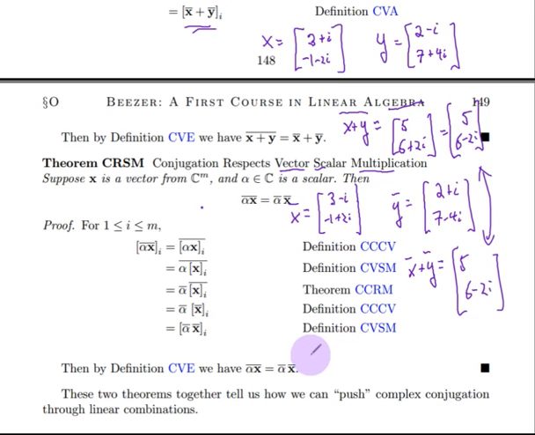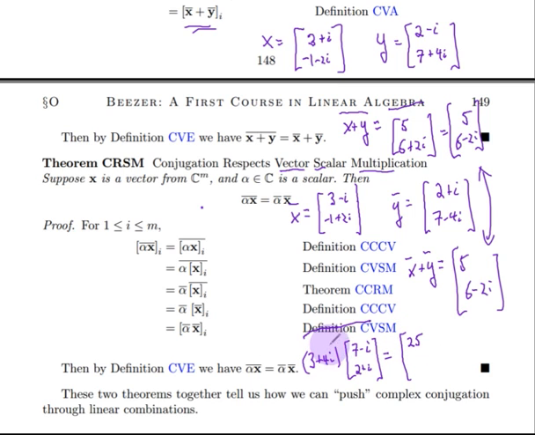If I have 3 plus 4i times the vector (7 minus i, 2 plus i), and I take the conjugate of that. Now, if you do the complex multiplication here, the real part's going to be 21 plus 4, which gives me 25. That's the real part.